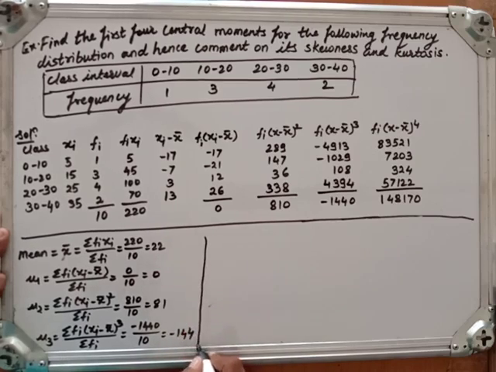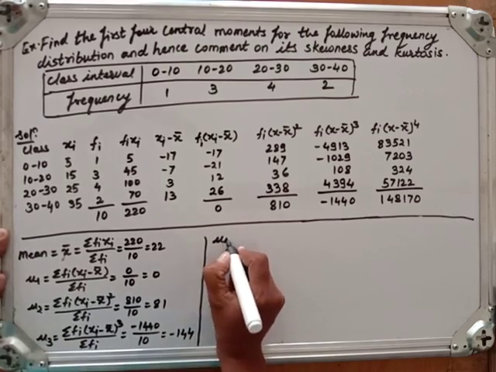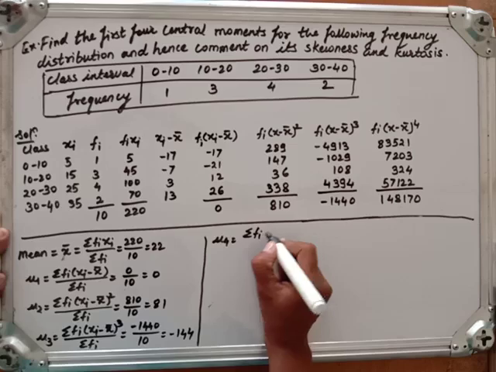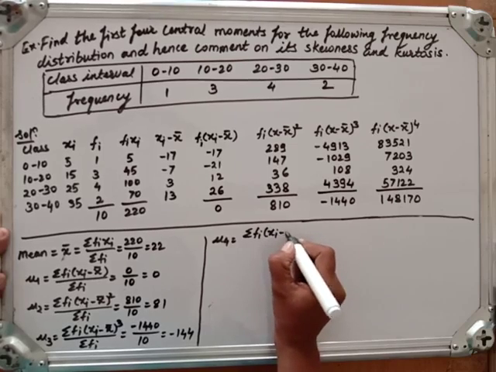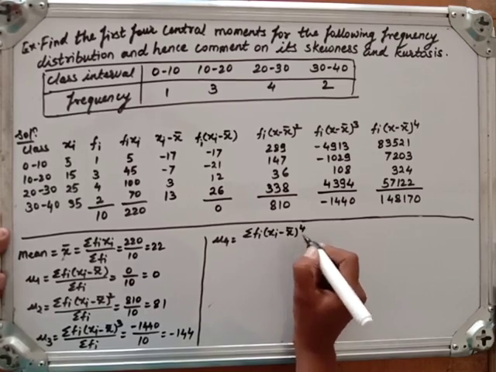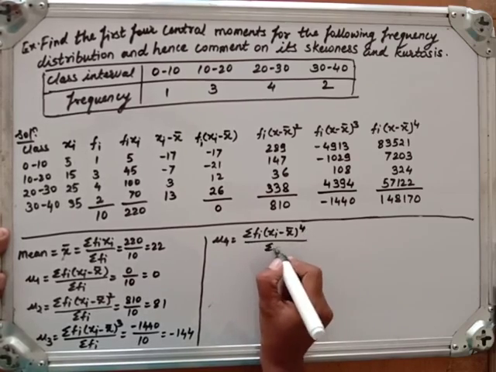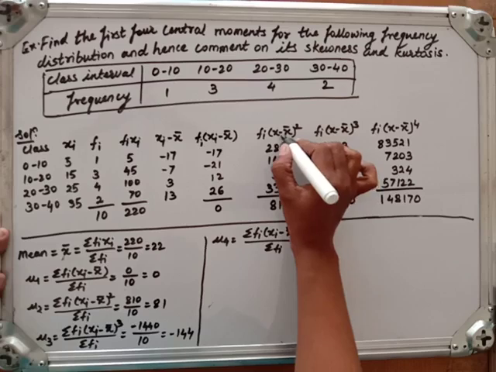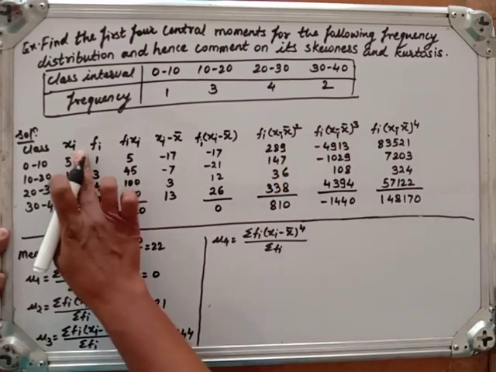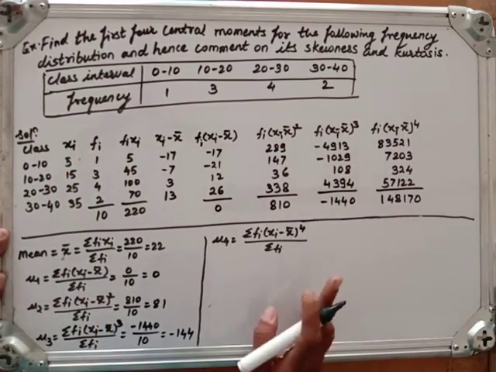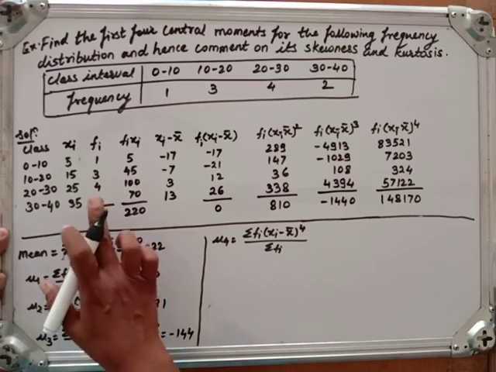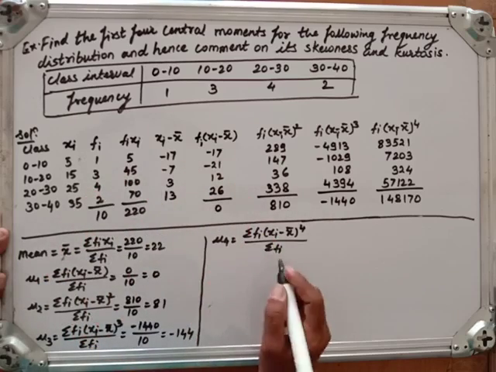Next one, mu4. Mu4 is summation fi into xi minus x bar raised to 4 upon summation fi. Each time this is xi. You can note that here itself you can say x, then no need to mention the i. Similarly for fi also, if you mention f, then no need to mention the i.